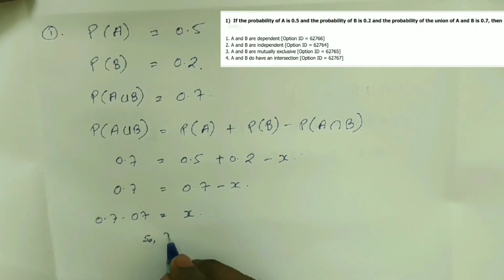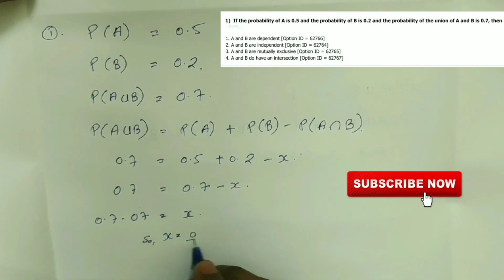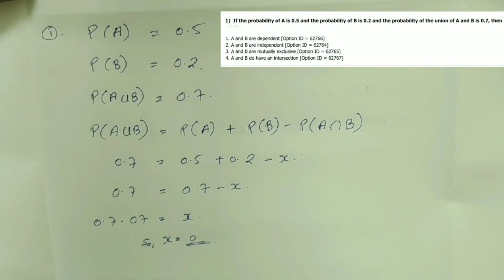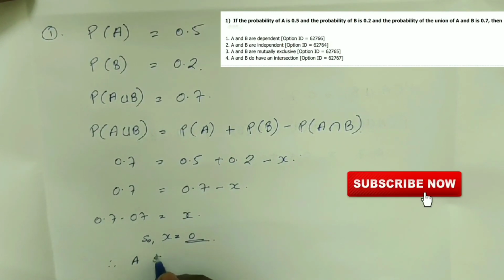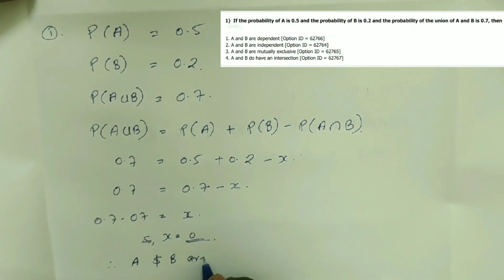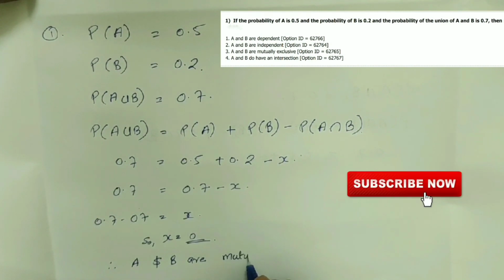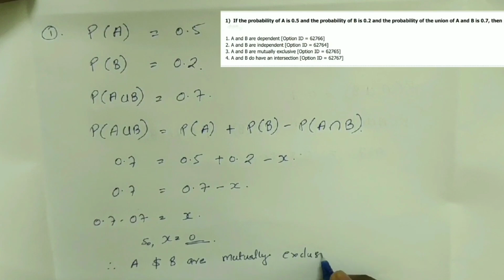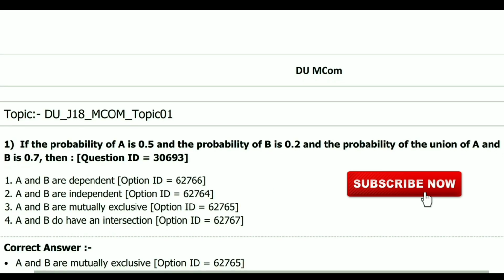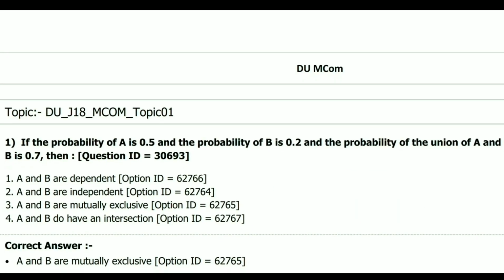So x is equal to 0. Therefore, A and B are mutually exclusive. And the answer is the same.